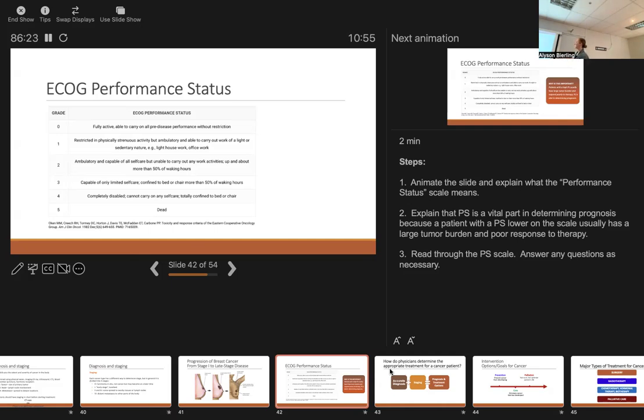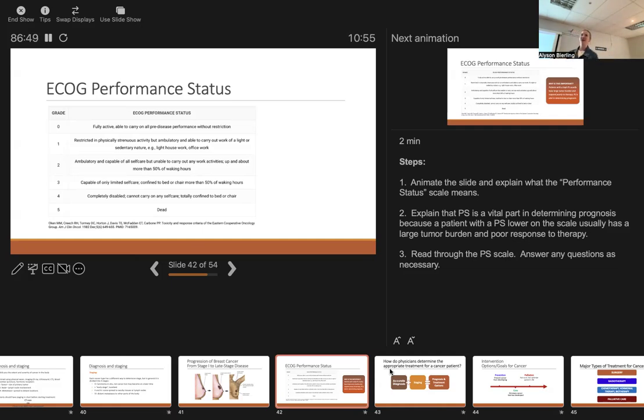And so for every patient with cancer, before they start treatment, we need to understand their performance status. A patient with a performance status of 0, like all of us in this room, is fully active.